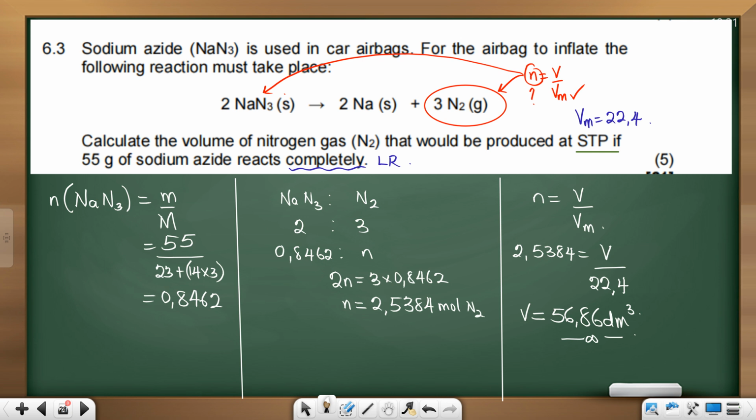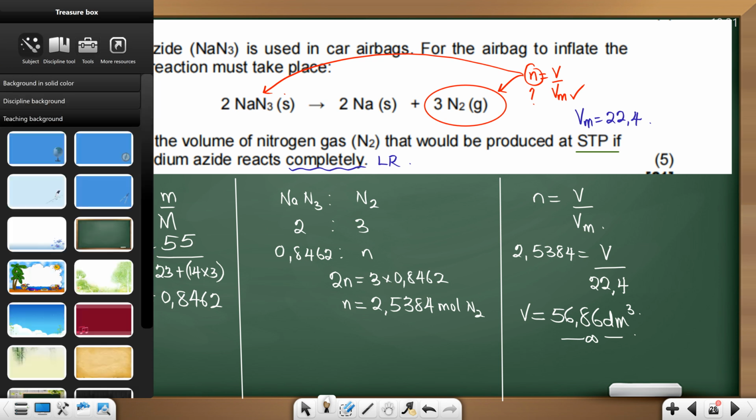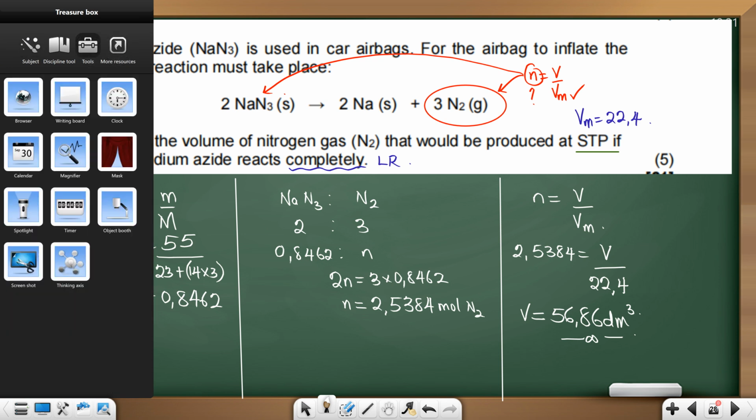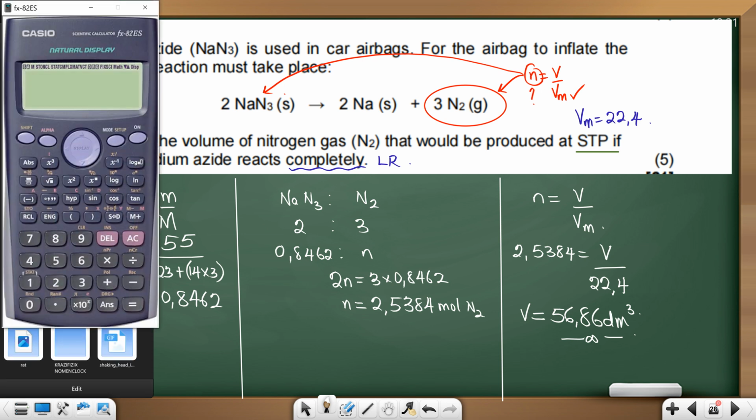Is the number of moles here correct? Yes, sir. The number of moles that we are working with isn't correct because we need to divide it by 2 again. 2n equals 3 times that. Did you divide by 2 already there? You sure?